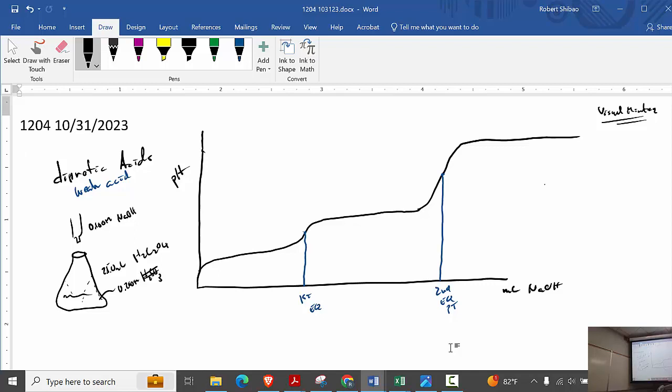Yes. Does that mean you're going to need double, so the first will be at 25? Okay, actually the first is going to be at 50. So this is a poorly designed titration. And the second will be at 100.